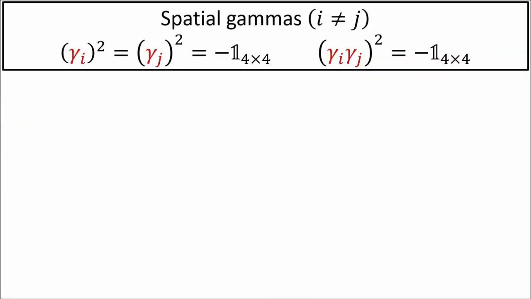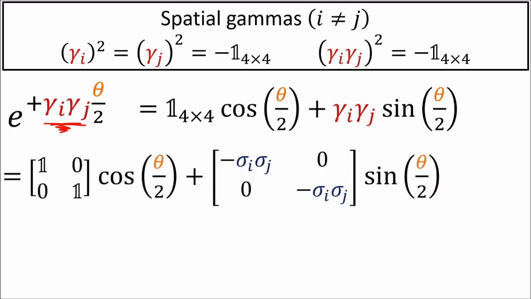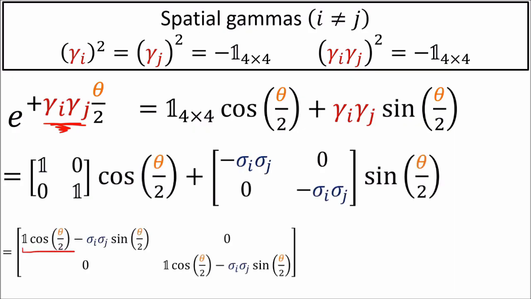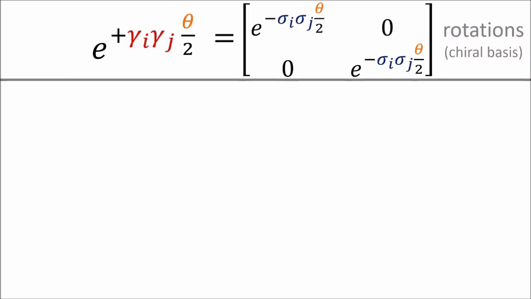If we exponentiate a bivector made of a pair of spatial gammas and expand it using Euler's formula, when we write out the matrices, we see that the top block gets its own Euler's formula and the bottom block also gets its own Euler's formula. These can each be rewritten as their own exponentials. Let's call this matrix lowercase lambda.